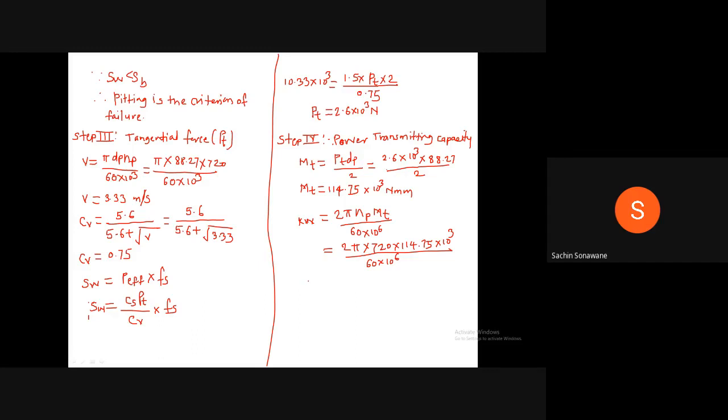Therefore, kilowatt is equal to 8.65. Yes, correct.